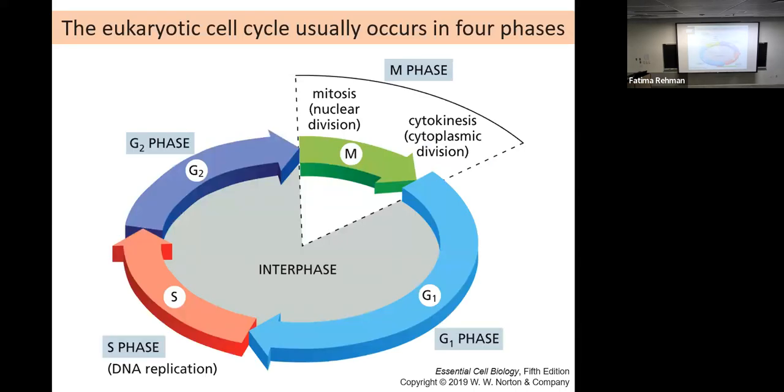Eukaryotic cells go through the cell cycle in 4 phases. You have your initial growth and hanging out stage, G1 phase. The cell is completely able to do all the functions that it needs to perform. It's hanging out, doing what it needs to do. If it receives a signal that there is a need to divide and make more of itself, it will shift into S phase, which is your DNA replication phase, or DNA synthesis phase.